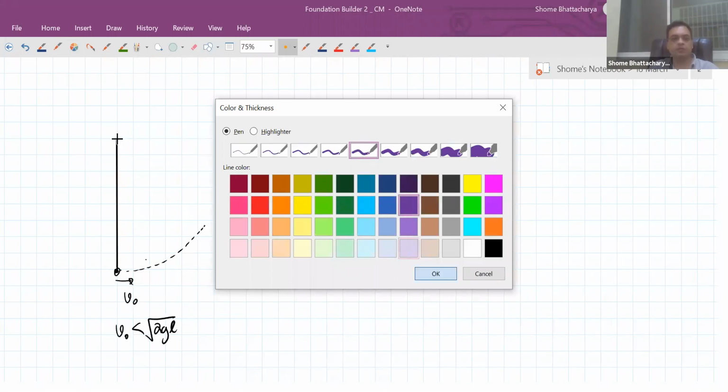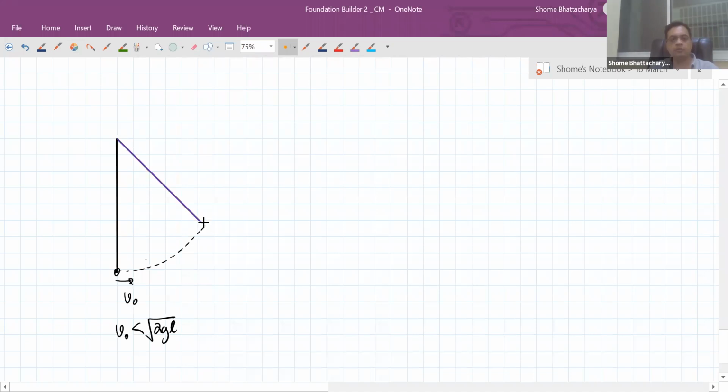I mean momentarily stop, of course not stop forever. It will come to some position here where v will become 0. So this maximum theta will be less than 90 degrees. Okay. And at that point, there will be some tension, let's say T prime, which will be non-zero.